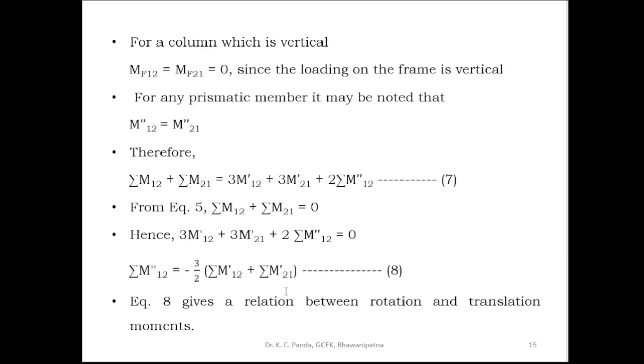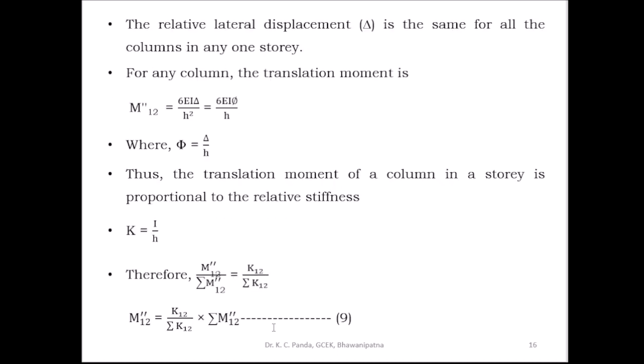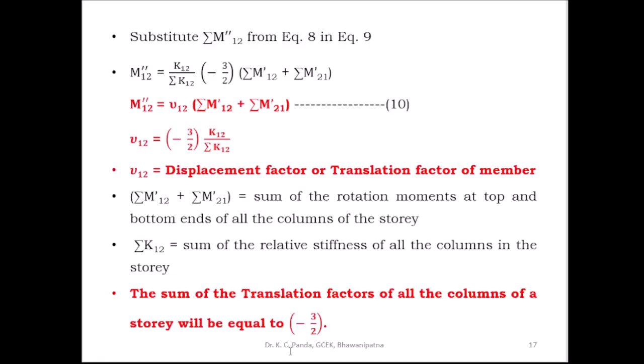So put expression 8 in expression 9. Substituting summation of M''12 from equation 8 in equation 9, M''12 is equal to K12 by summation of K12 into minus 3 by 2 into the summation of M'12 plus summation of M'21.